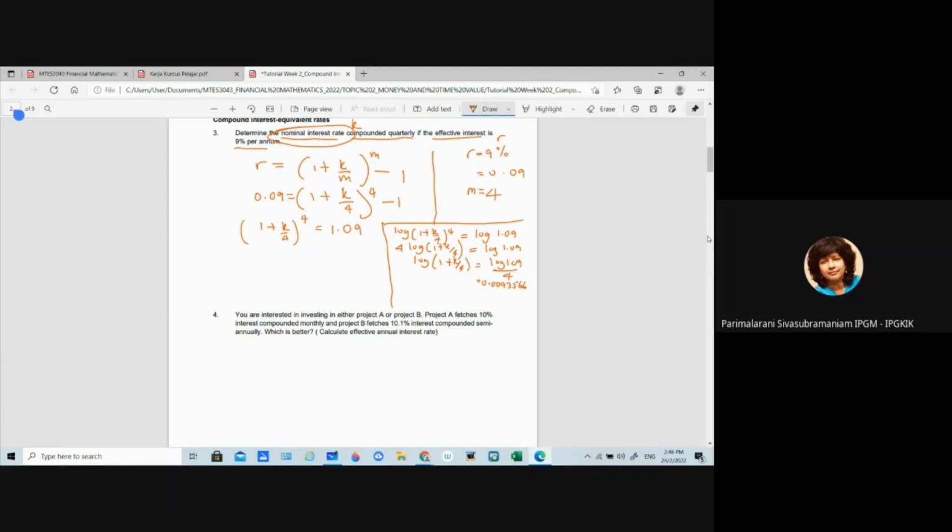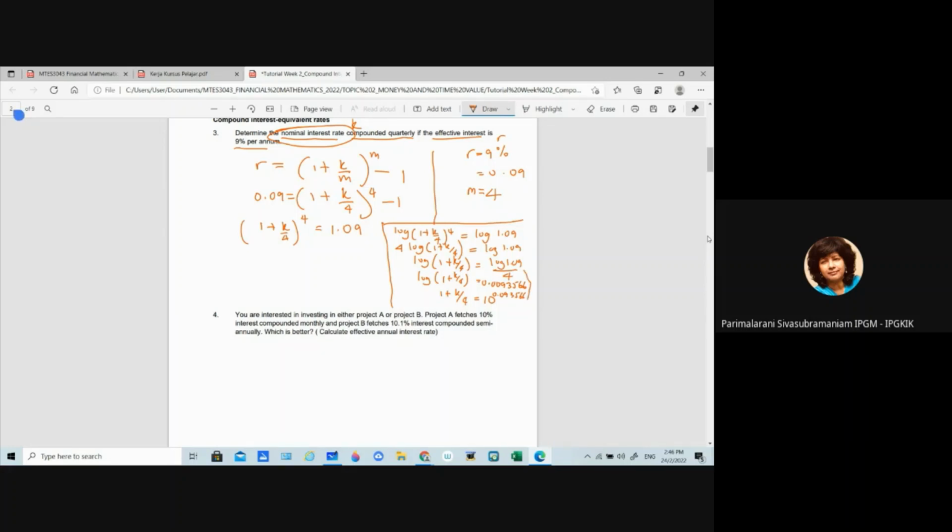So from here, this is log (1 plus K over 4). So 1 plus K over 4 equals 10 to the power of 0.0093566. You can do all this in the calculator, straight in the calculator.